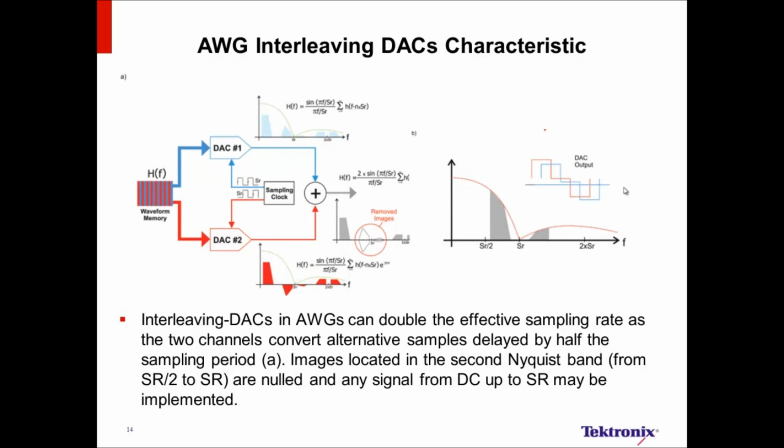And in this slide we see that if you look at the first Nyquist zone, because we're interleaving, the clock spurs will not be evident because they'll be nulled out, and then any other images coming later after the fundamental, we can filter out using an external filter, and they're fairly low amplitude at this state because of the roll-off of the AWG.